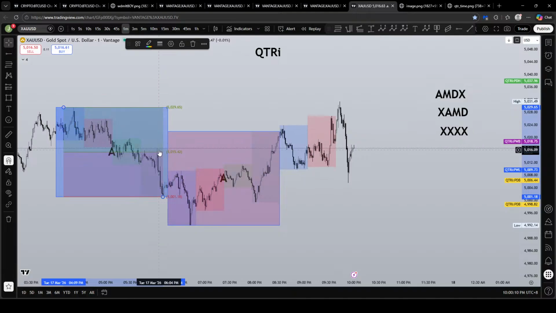If the price is below the equilibrium before the closing, then there is a high chance that the low of that quarter will be taken.